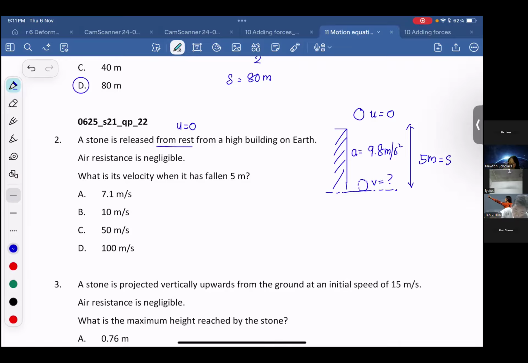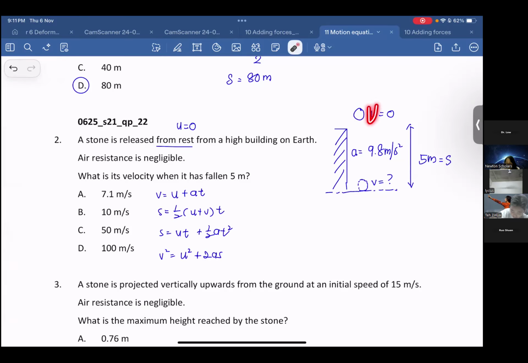Okay, so boys and girls, for the formulas: V equals U plus AT, S equals 1 over 2 times U plus V times T, S equals UT plus 1 over 2 AT square, V square equals U square plus 2AS. Which formula do we use? You look here, U, A, V, S. I don't have T.